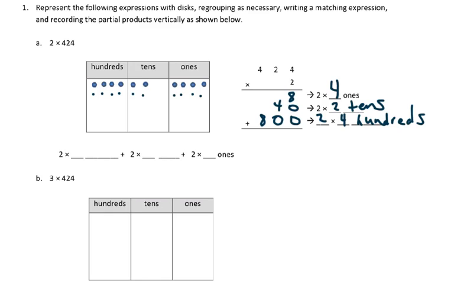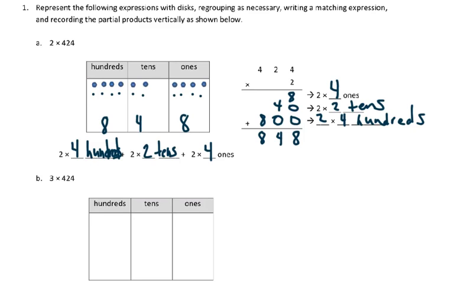When I'm adding them up, I have 848. So I had 2 times 4 hundreds plus 2 times 2 tens plus 2 times 4 ones, and that is equal to 848. I usually write it underneath, but there's not a lot of room, so I can just write it right here.